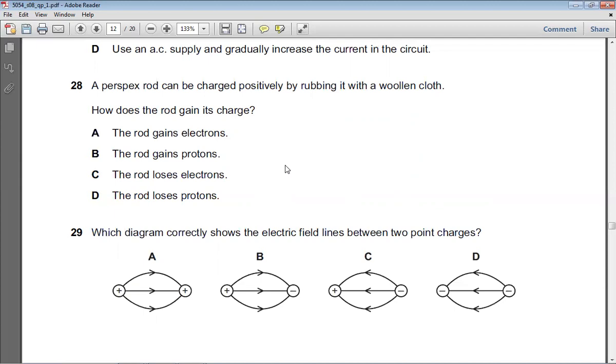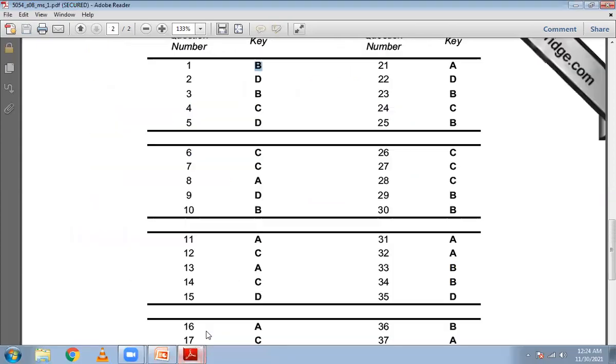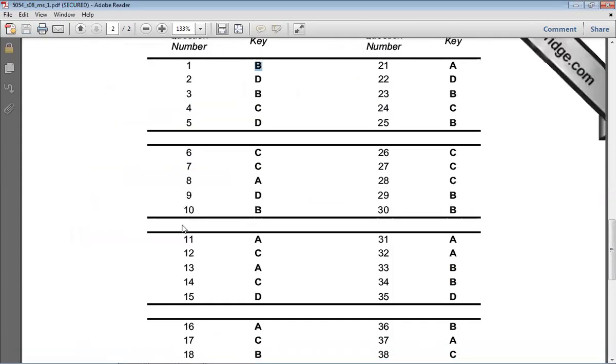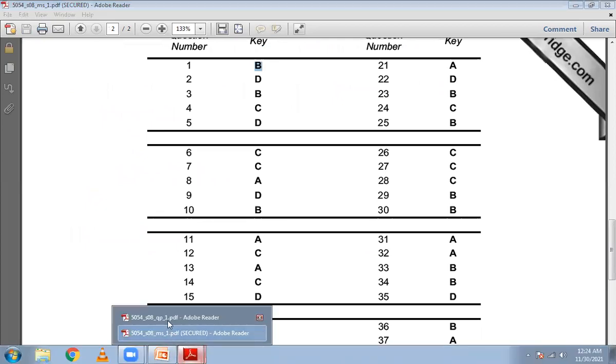Because it has become positive, that means it has lost electrons. The woolen cloth has gained electrons. So the rod loses electrons, and that's the reason it has become positive. So I think C is the best option, sir. Let's check. Question number 28, C is the right option, sir.